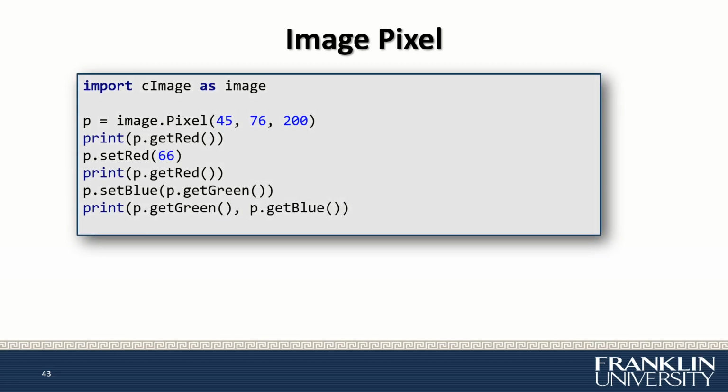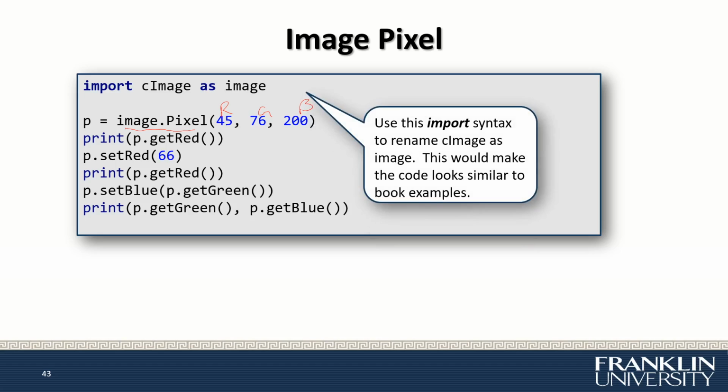So here's a simple example of how to create an image. To create an image, I will use the image.pixel method to create a new pixel with R, G, B color in this order. Notice that I use the import statement, import cImage as image. Why?